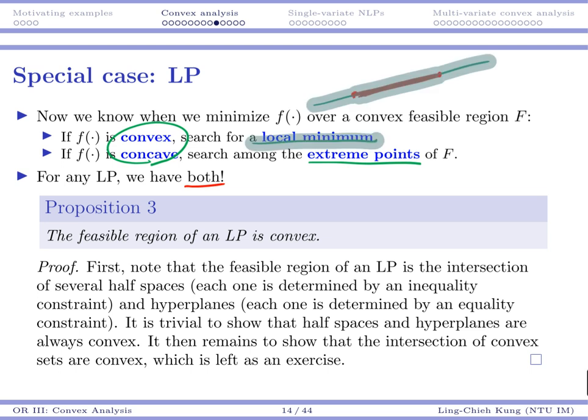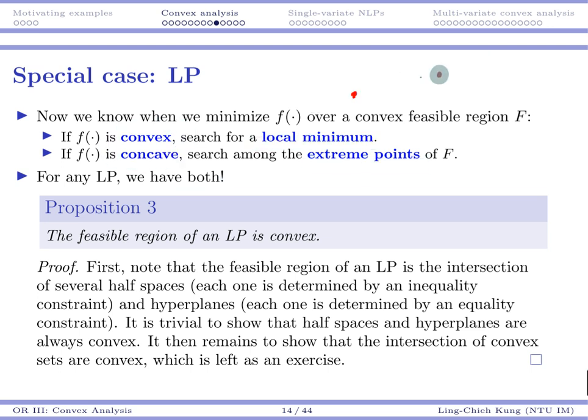That's how this helps us verify what we have done with the simplex method. For the simplex method, we always go along extreme points. Once we reach a point where there is no way to improve, we say we are at an optimal solution. So that's why the simplex method works in that way.